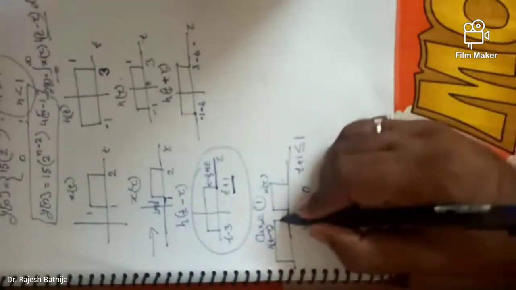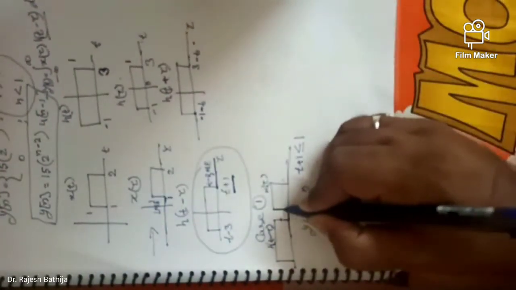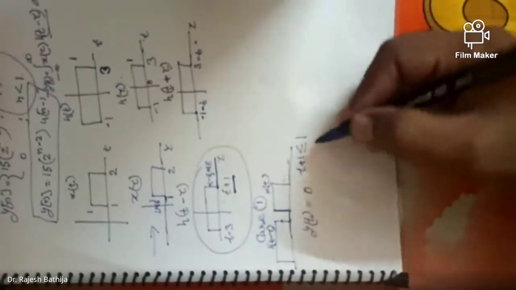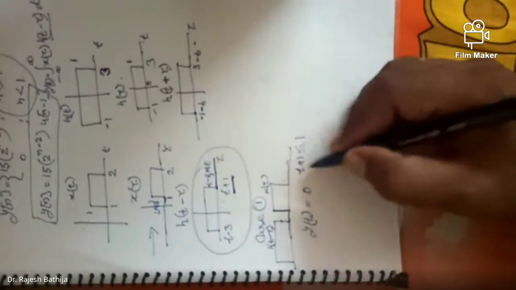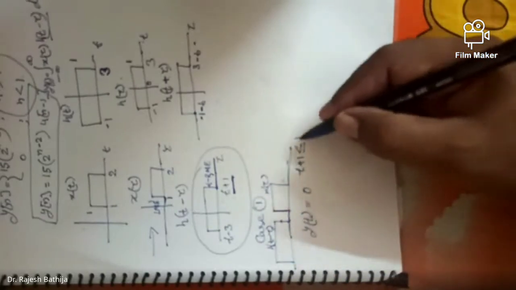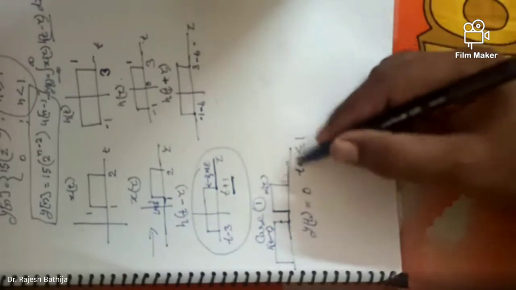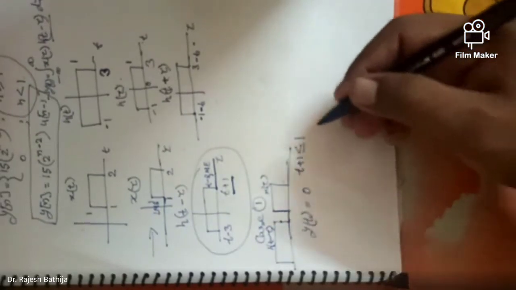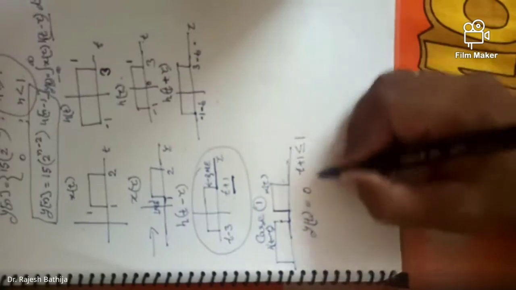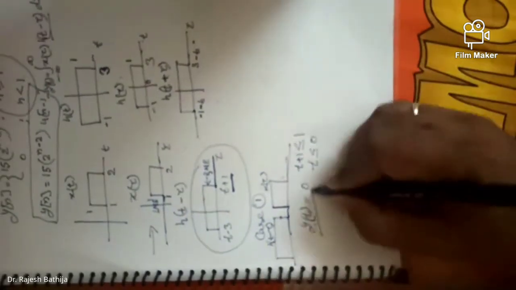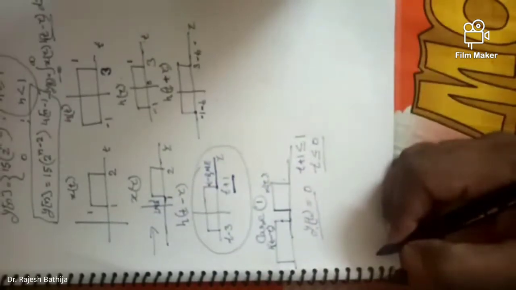If this point is over here, then also the product will be 0, right? So we can make it equal here. There is no problem in writing the equal to sign in the continuous time case, but in the discrete time case, we should be very careful about the equal to sign, right? So t+1 less than or equal to 0 means t is less than or equal to 0. So y of t is 0 for t less than or equal to 0, right?